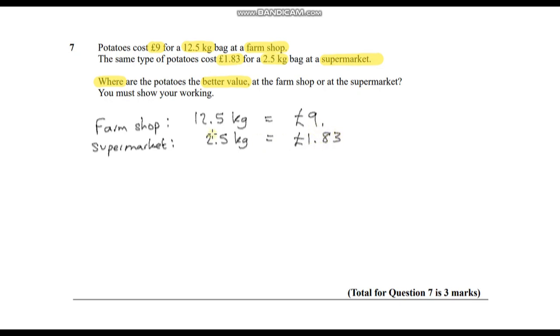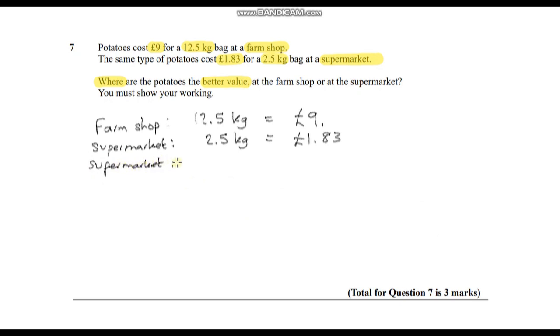Now, at the moment, it's quite hard to see which one's better value. What we're going to have to do is equate the mass of the potatoes. So let's see how much it would cost at the supermarket if we were to buy 12.5 kilograms. So again, supermarket.